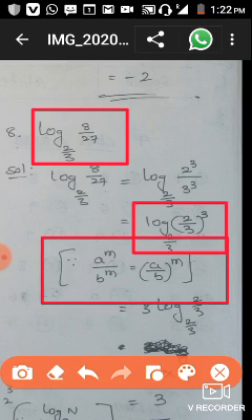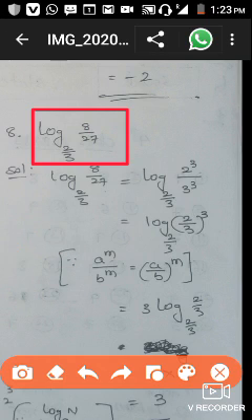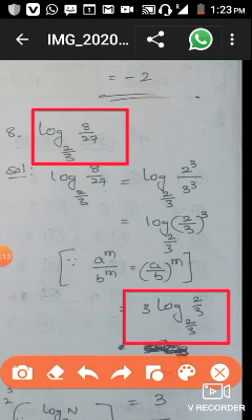So next step, 3 into log 2 by 3 for base 2 by 3. Log 2 by 3 base 2 by 3 becomes 1. So 3 into 1 equals 3. This is the answer. So the value for log 8 by 27 for base 2 by 3 equals 3.